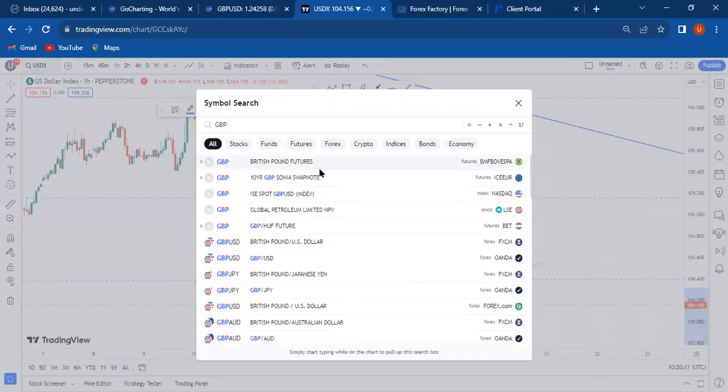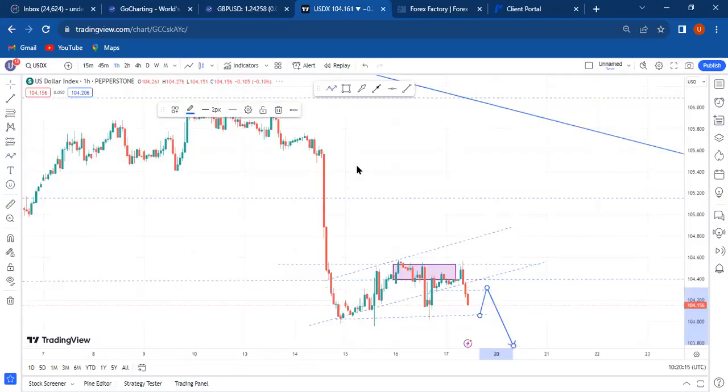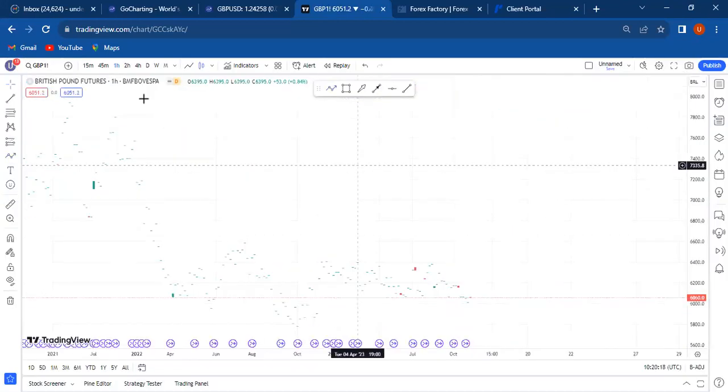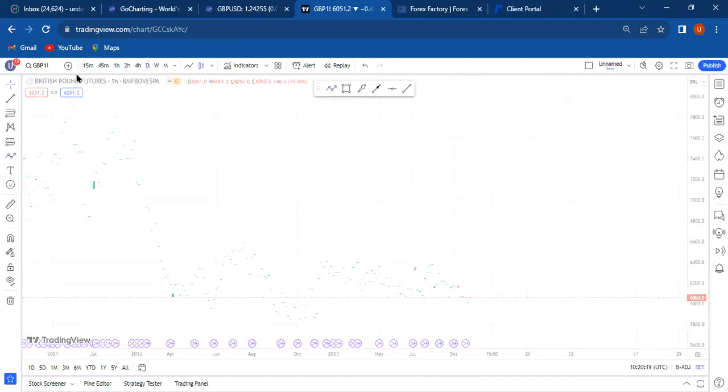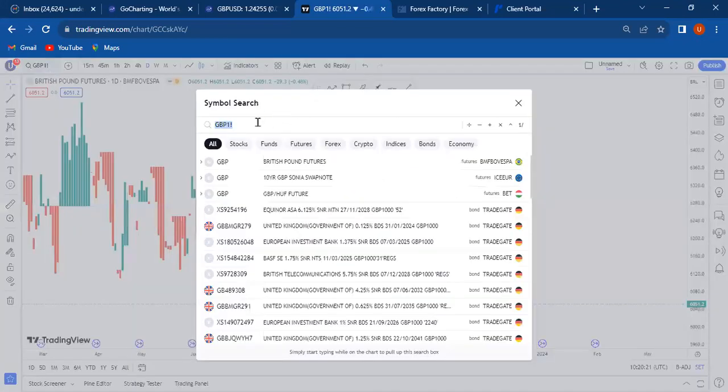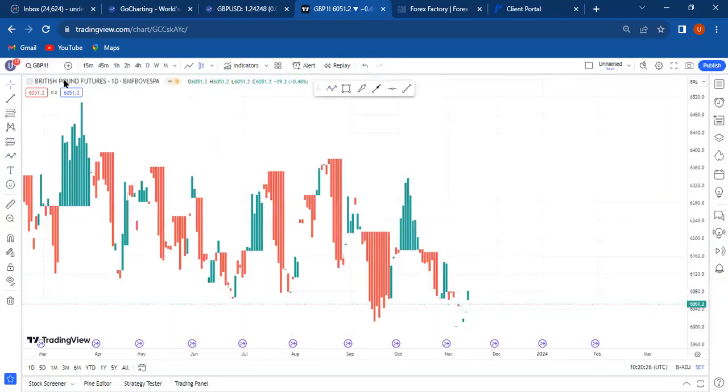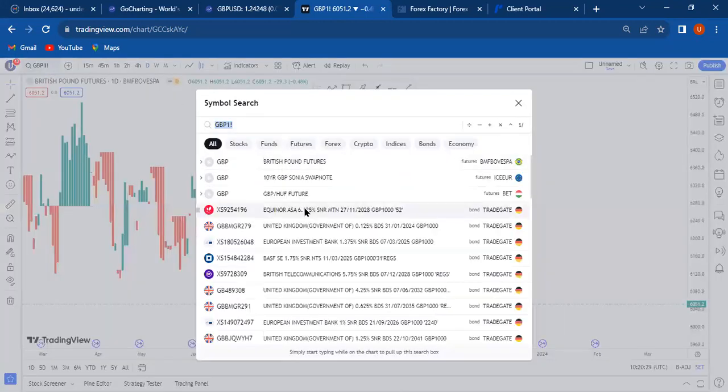Okay, so let's look at GBP, pounds. Wait, what's this? No, this is not GBP1. This is not what I'm looking for. I'm looking for GBP. I think I saw GBP recently.